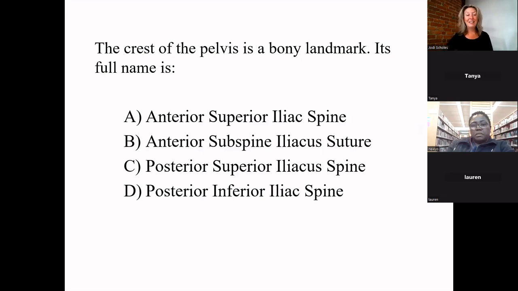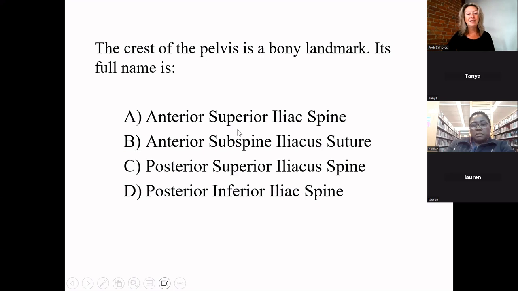All right, let's see what we got in the chat. Oh, I'm loving it. Yes, you can take out a few of these, right? So dissecting questions, we can take out stuff. So I see take out B, take out D. So the crest of the pelvis is a bony landmark.